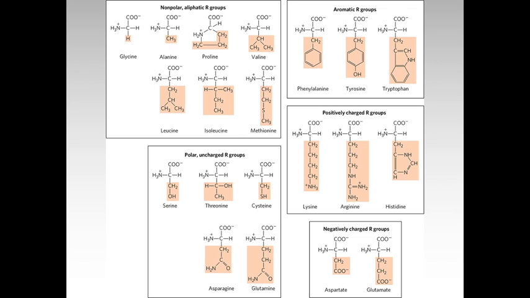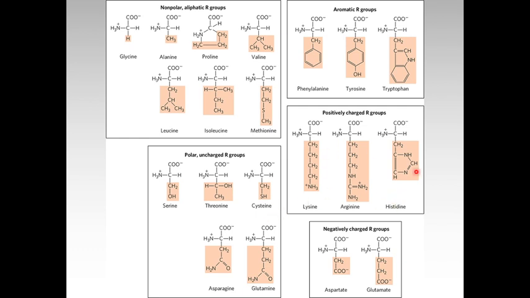What you need to remember absolutely is the name of the amino acid and the one-letter abbreviation. And if you can, relate the name to the structure. If you cannot, at least remember the groups, right? There's non-polar aliphatic R groups, aromatic R groups, the positively charged, negatively charged, and the polar uncharged ones.